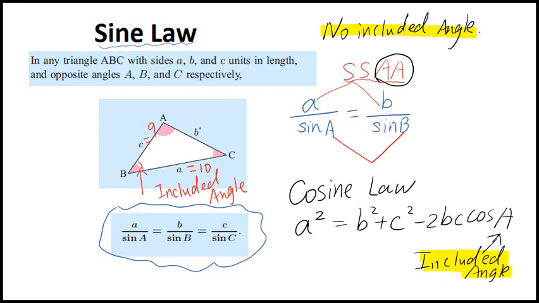Since for this side we don't know, therefore this C is not an included angle. When you're working on any triangle, it's very important for you to decide which law you use.